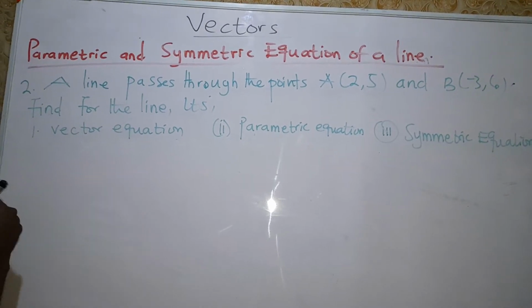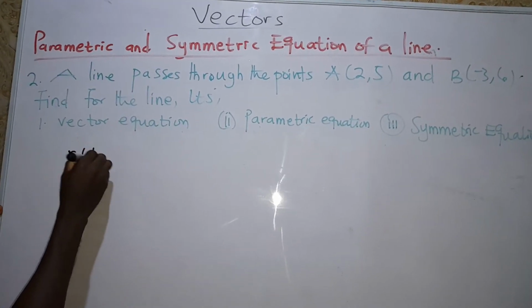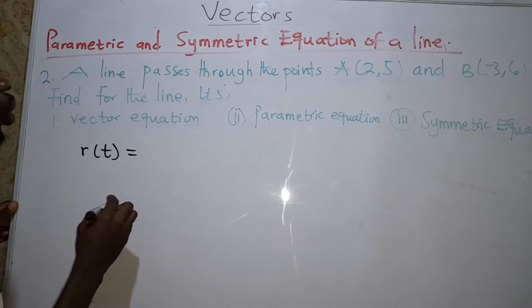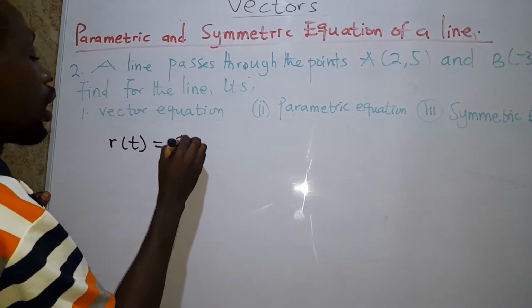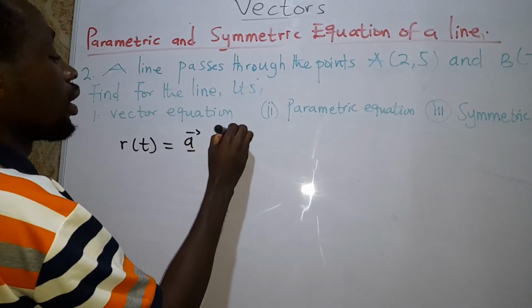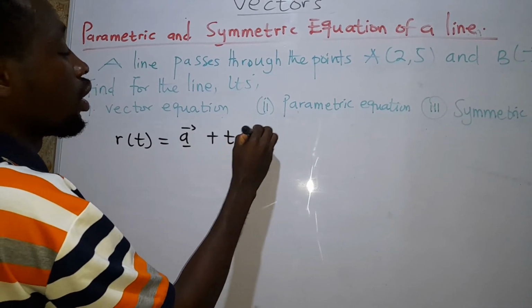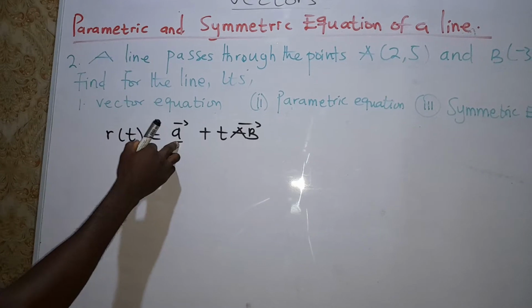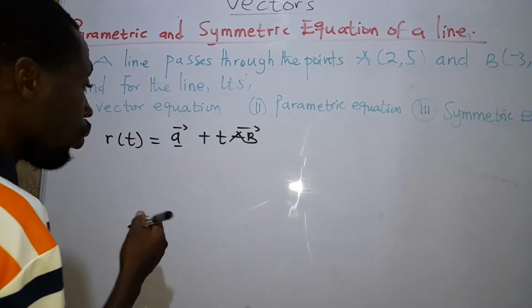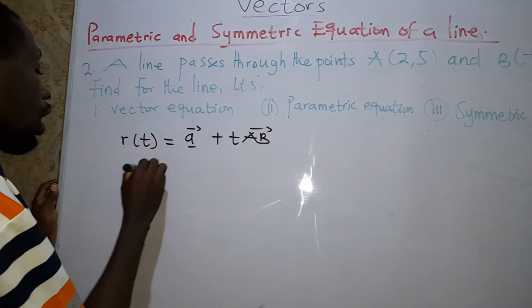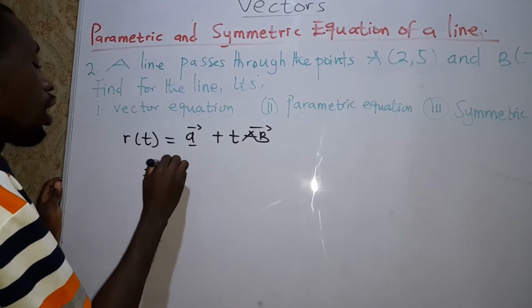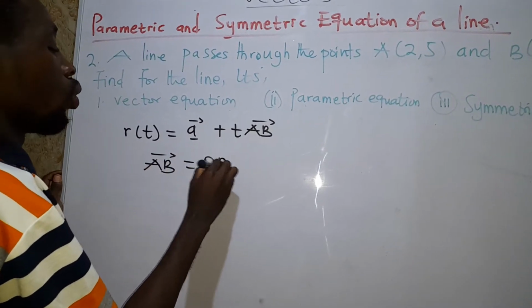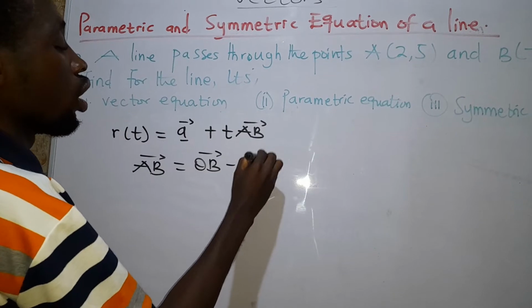So the vector equation of this line, r of t, is equal to the point A plus t times the directional vector of AB. We can use B too, if you remember very well. So we need to find the directional vector AB. The directional vector AB will be equal to OB minus OA.